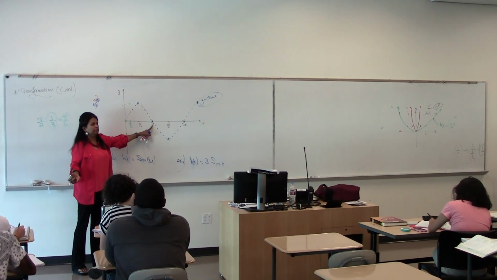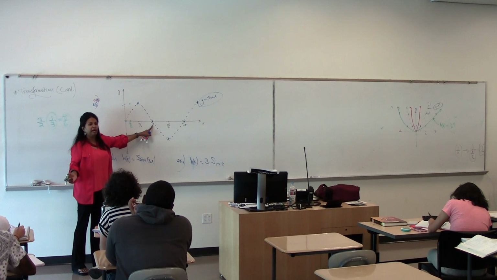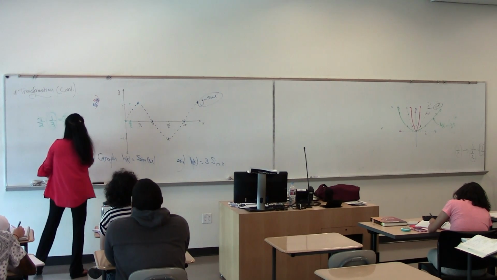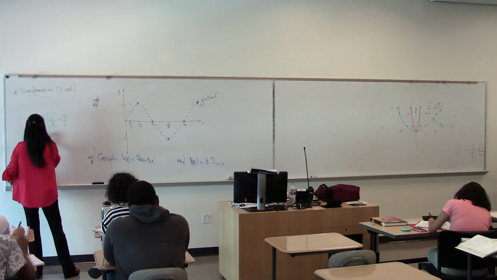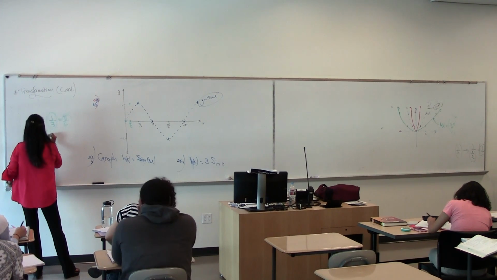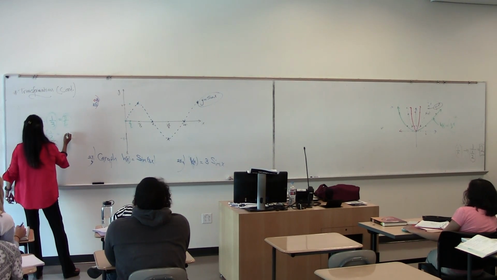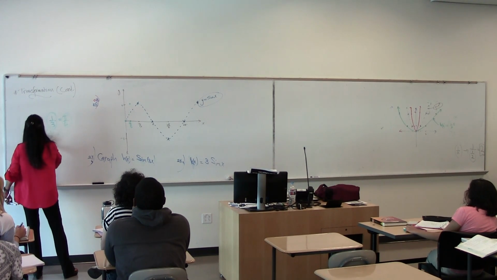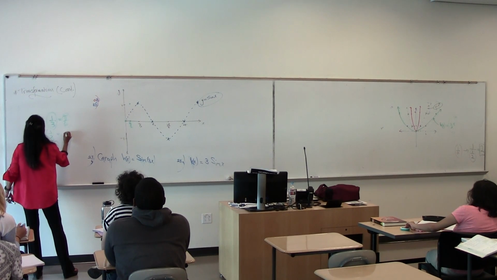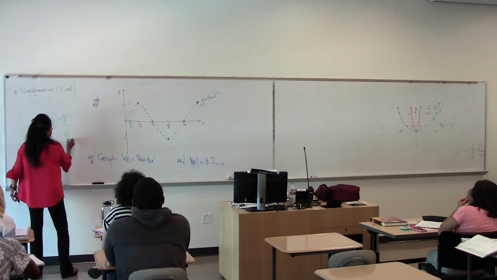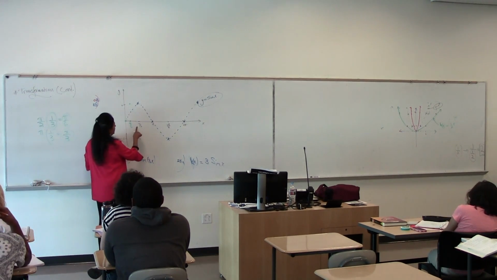What is this point? Pi multiplied by 1 over 3 is going to be pi over 3.